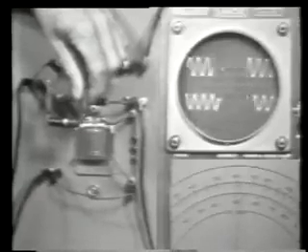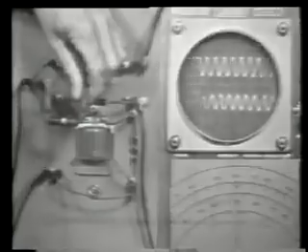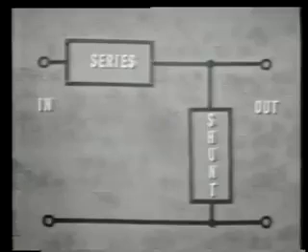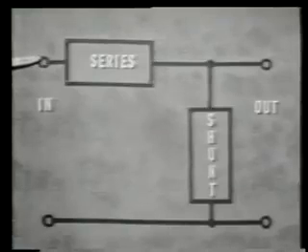Now, what does this mean in terms of our series and shunt oppositions? Well, we know that in order to pass 600 hertz, our series opposition must be low at a frequency of 600 hertz.